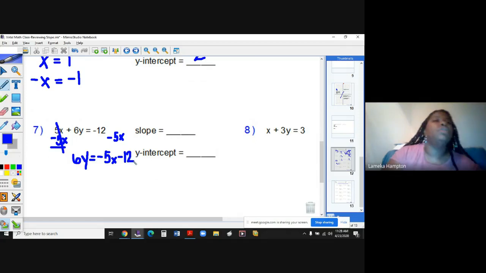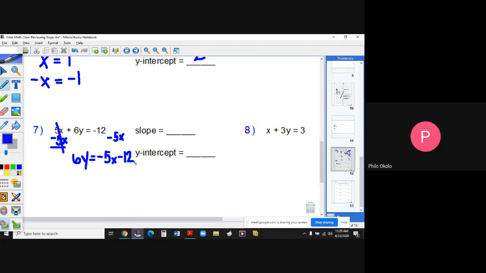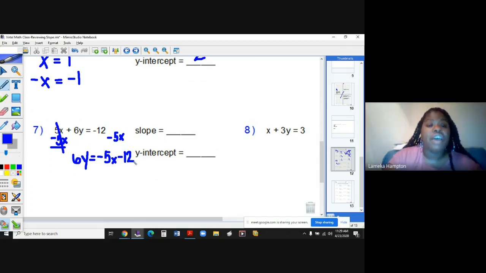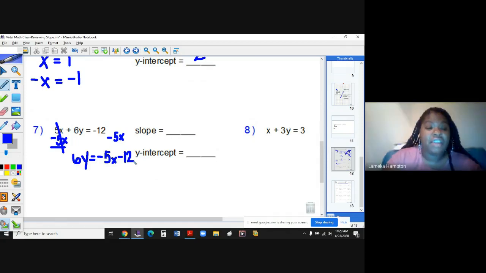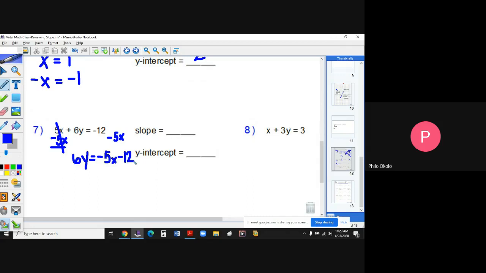All right. So now we are almost at the y equals mx plus b format. The problem is we have to do something else. So what is it that we have to do? We moved the x already. Then what we do on this side, we do on the other side.